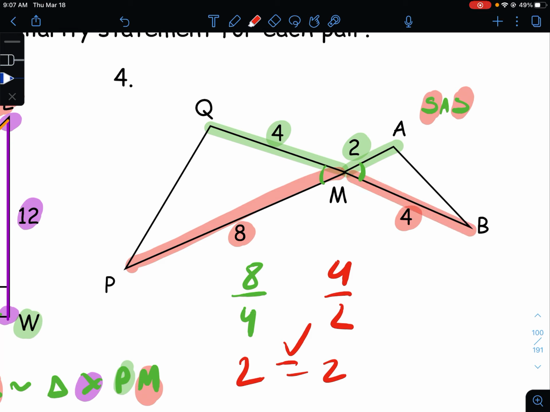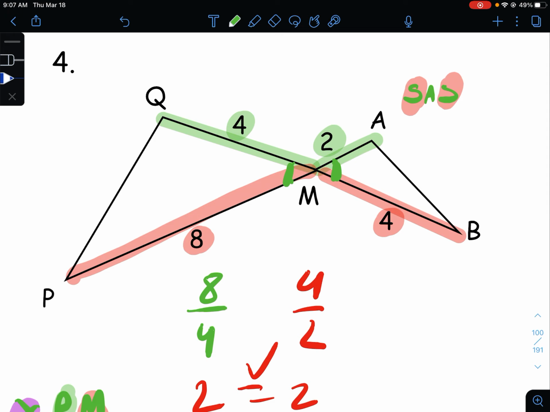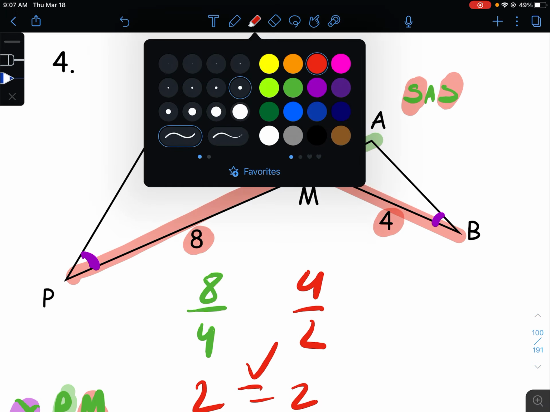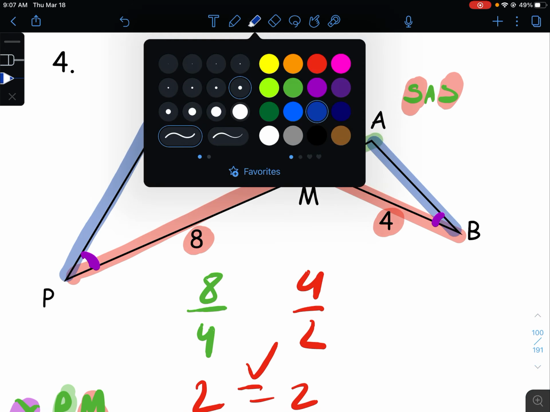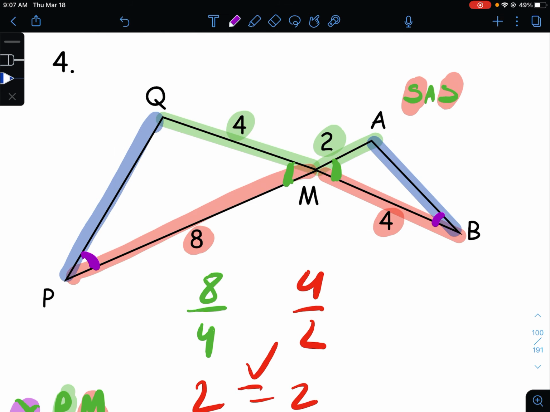So now let's go ahead. We've got our green angle here, which we know correspond. And then you can see here, this angle is going to go with this angle. It's red, and here we'll even put another color there just to overlap them. We'll put blue. So we've got our red and blue angles. So those correspond. And then we've got our blue and green angles. So those correspond.